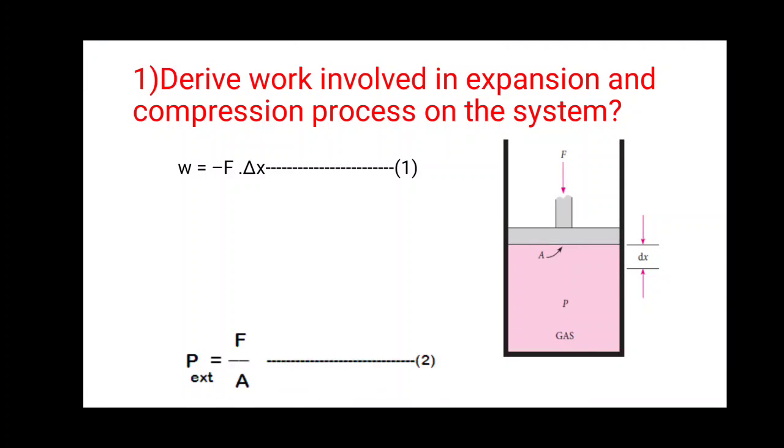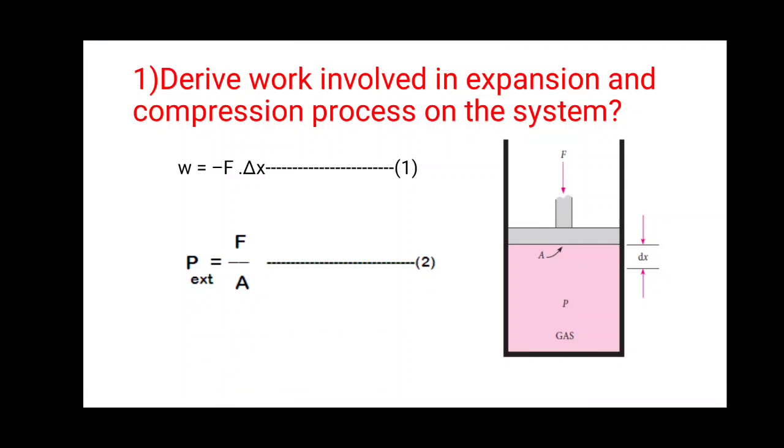Next, we know that pressure equal to force by area. Now, what is force from the pressure? When we make a cross multiplication, pressure multiplied with A equal to force.